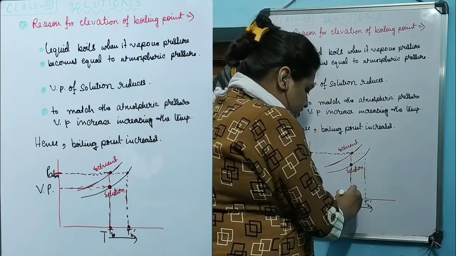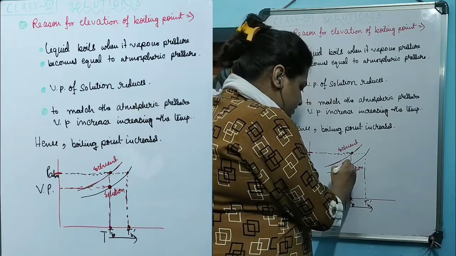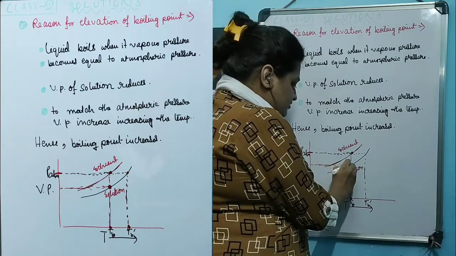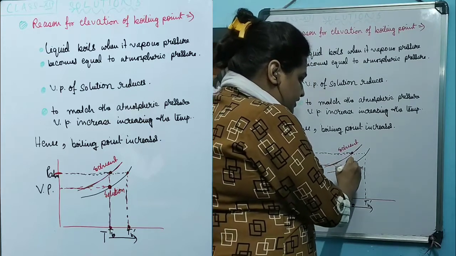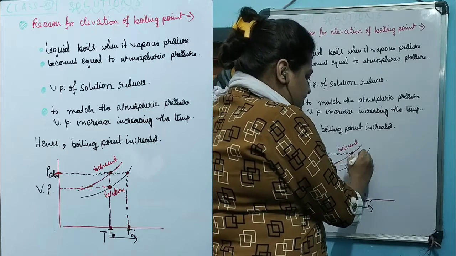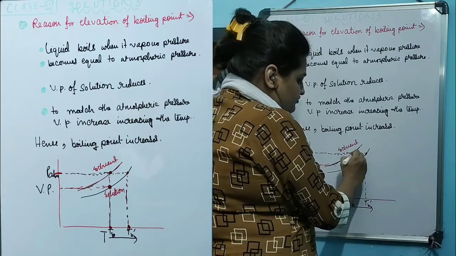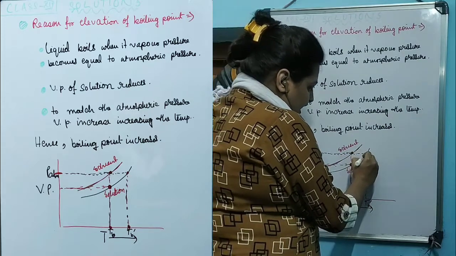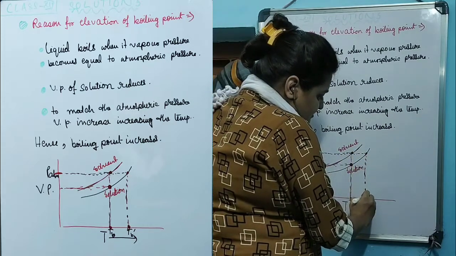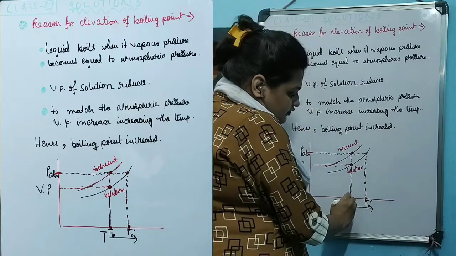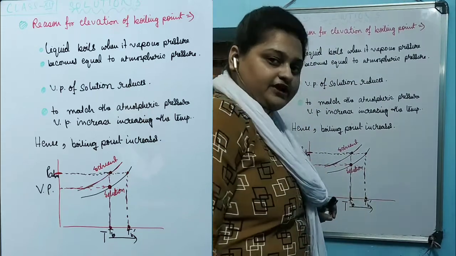At this point, the temperature is the same, but the pressure is less. To increase the temperature to this, the graph is pointing this way. The solution graph is there, and the corresponding temperature is there, which is increased from Tb to Tb prime.